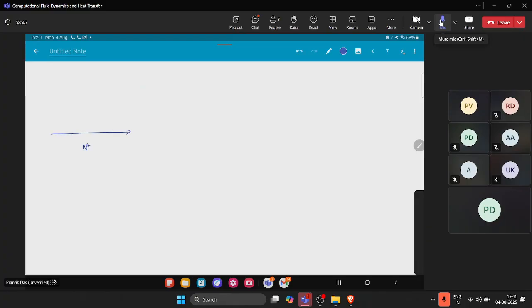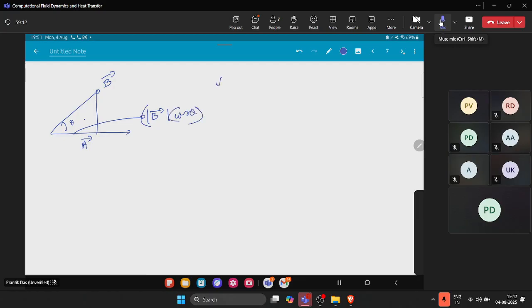So if A is your vector here, and this is B vector, and theta is the angle between the two. If I want to take the projection of the B vector on the A vector, this actually becomes B vector magnitude cos theta, if I'm talking only about the length of the vector.